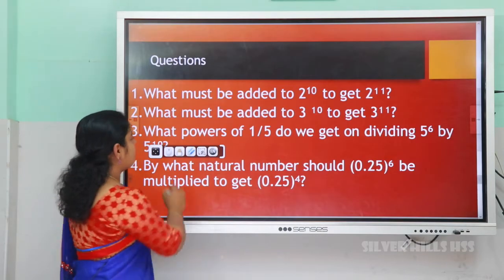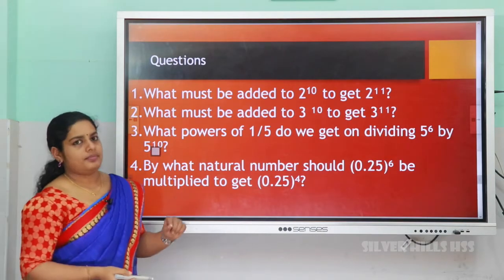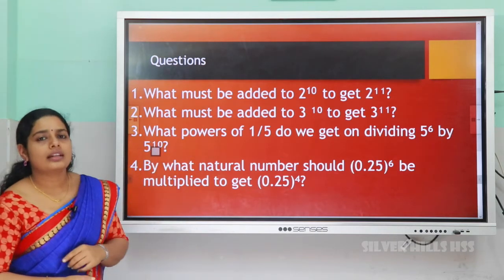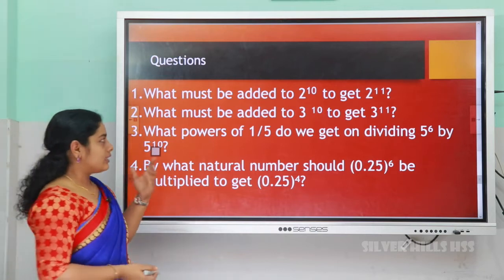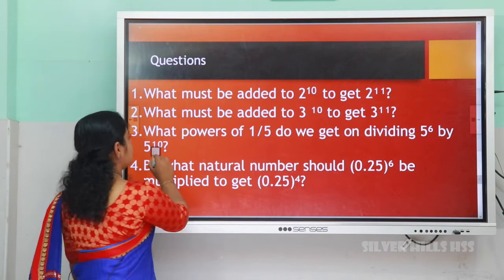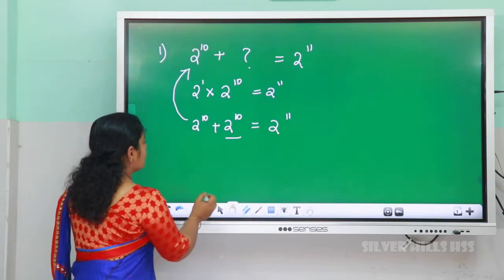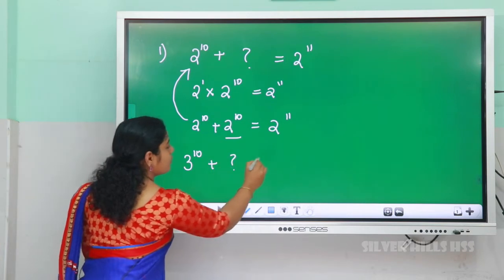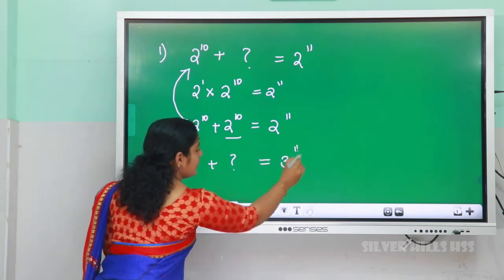Now, we have the second question, that is, what must be added to 3 raised to 10 to get 3 raised to 11? The same way we will solve this also, but a little bit different.